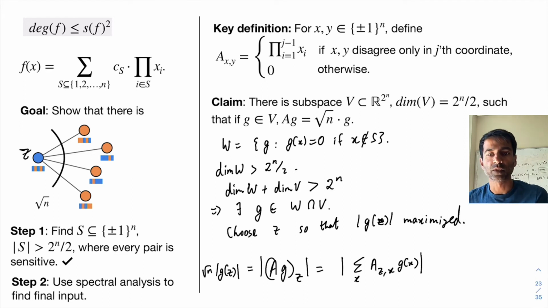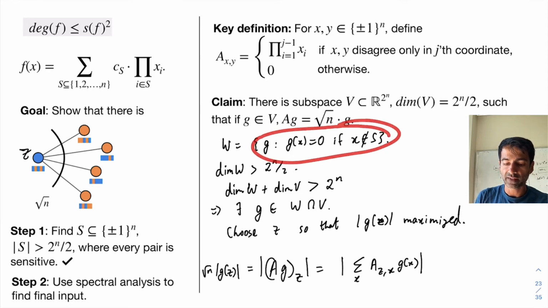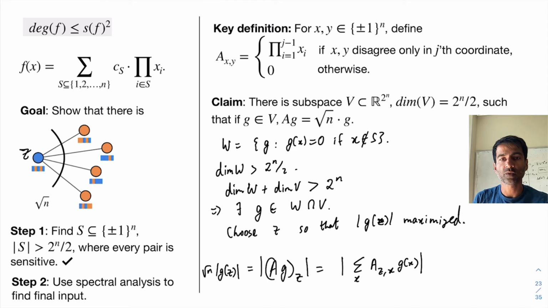Okay, this is just what it means when you multiply the matrix with G. But since G belongs to W, we have that G(x) is 0 whenever x is not in S. So I might as well take the sum only over those x that belong to S. The other ones contribute nothing.